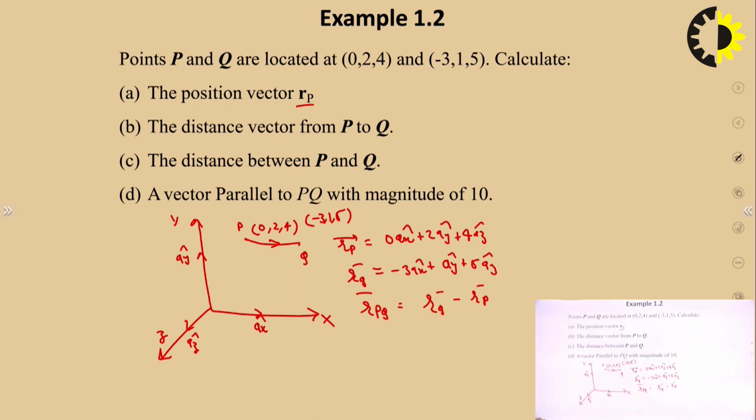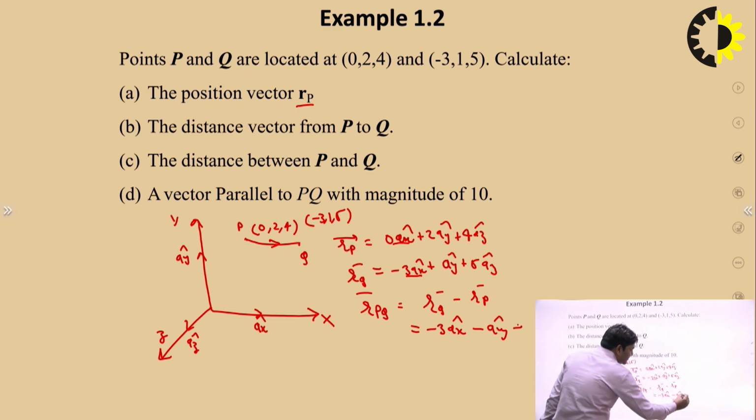So we easily calculate the value of the distance vector P to Q. RQ minus RP: minus 3ax minus 0ax, that is minus 3ax. Then ay minus 2ay, that means minus 1ay, and the z component is 5 minus 4, that means plus 1az.